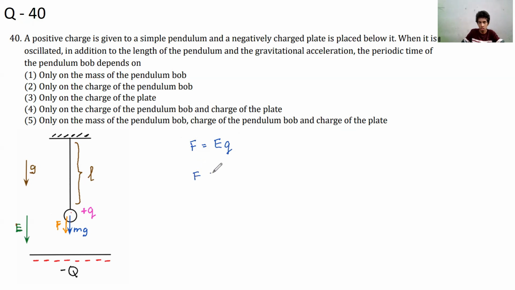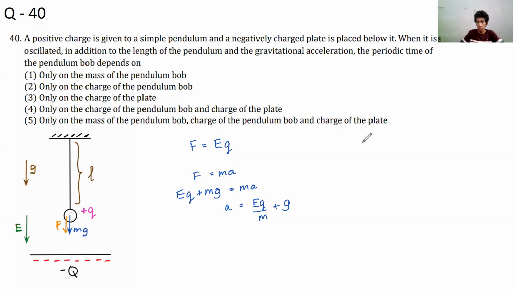Then we can apply F equals ma to the pendulum bob. F will be the electrostatic force plus the weight, and that is equal to ma. Therefore a is equal to EQ over m plus g. Here a is called the effective gravitational acceleration. It is greater than g as an electrostatic force acts in the downward direction due to this negatively charged plate.